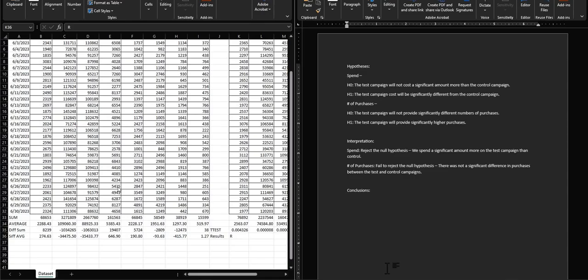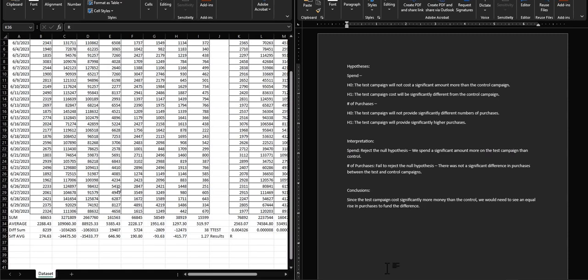The first statement is: since the test campaign cost significantly more money than the control, we would need to see an equal rise in purchases to fund the difference.